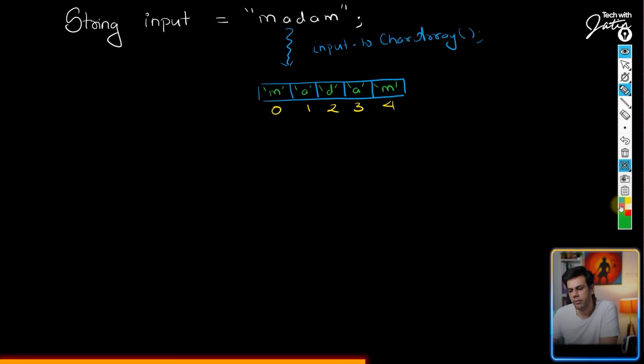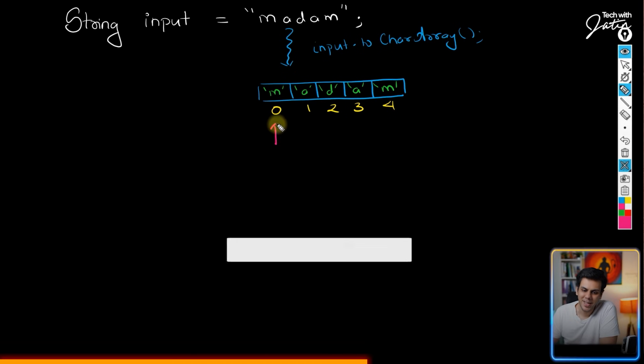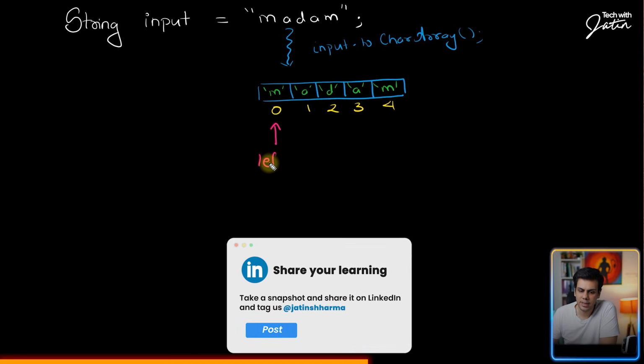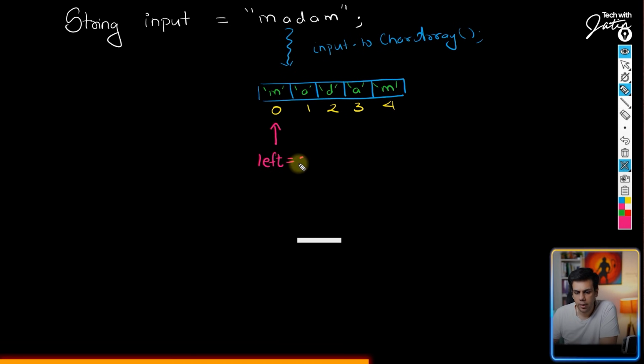Perfect. Now, when we are talking about two pointer approach, we are going to have technically two pointers, and one pointer I'm going to call it as left, which is going to take care of the leftmost element, technically the element which is there on the 0th index. So we are going to initialize left variable with 0.